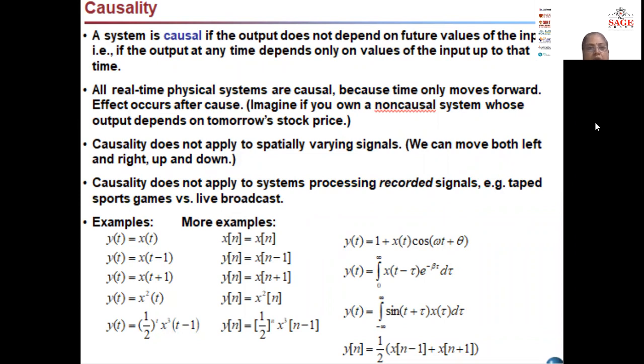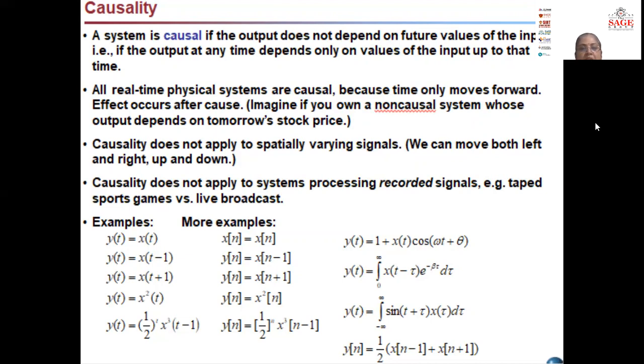A system is causal if the output does not depend upon the future values of the input, and the output at any time depends only on values of the input up to that time. All real-time physical systems are causal because time only moves forward. Effect occurs after cause.